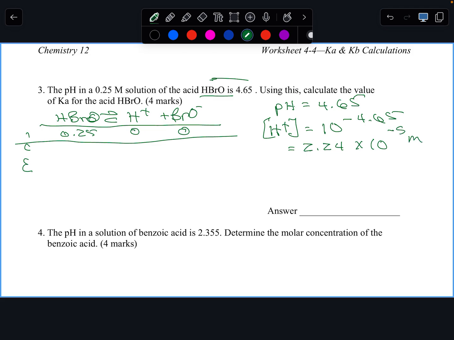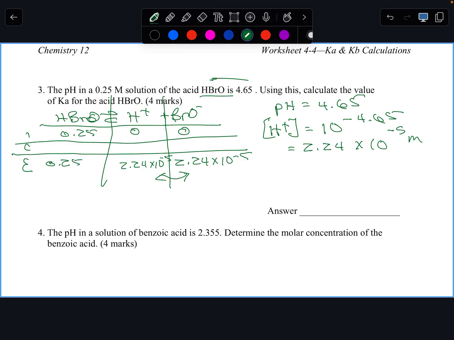So here, I know my final concentration is 2.24 times 10 to the minus 5th. Do I know that these two values have to be equivalent? Yes. And this one will be 0.25 minus 2.24 times 10 to the minus 5th. And we're solving for Ka this time.